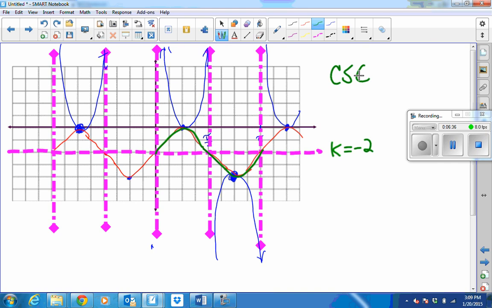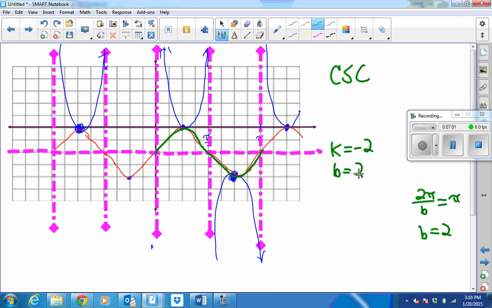The period goes from 0 to pi. That's where we get both of our parabolas in there. Now, for a regular cosecant function, we have that 2 pi over b is equal to our period. Well, in this case, our period is equal to pi, so b is going to be equal to 2.